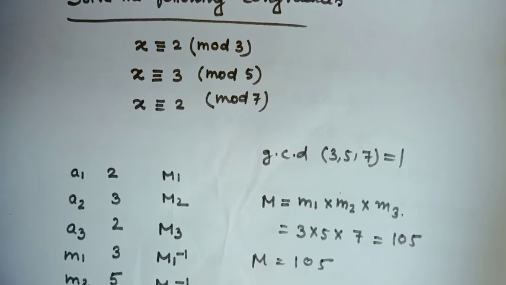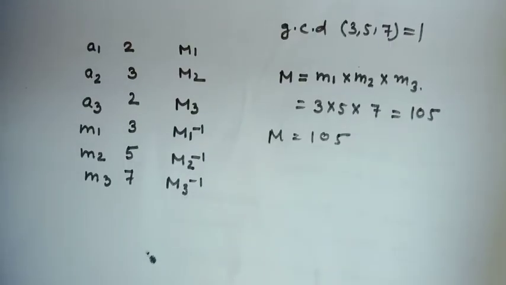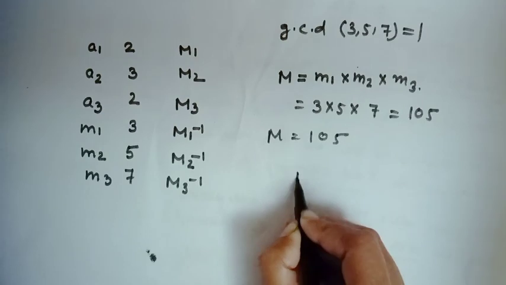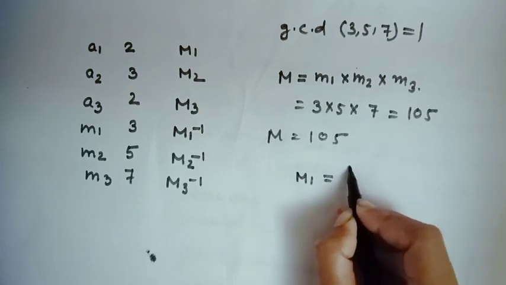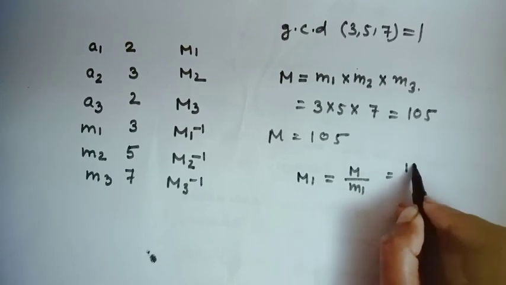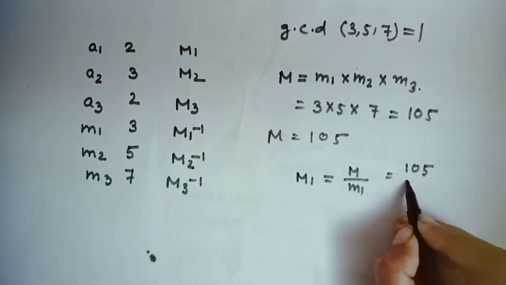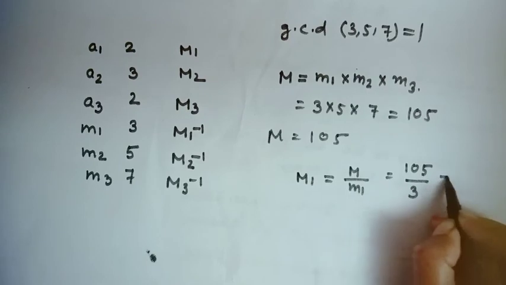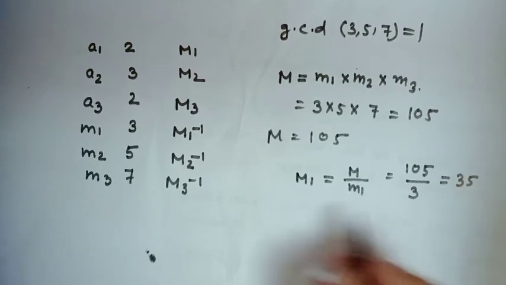Now we have to find individually capital M1, capital M2, capital M3. Capital M1 equals M over small m1, that means 105 divided by 3, which equals 35.